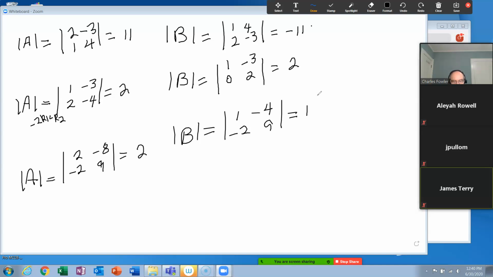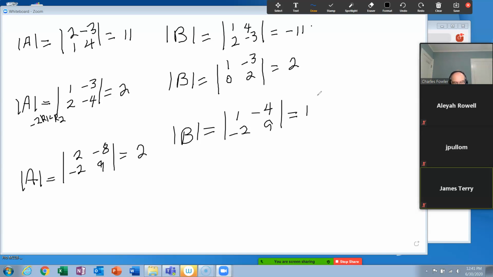Okay? The opposite. Now, when B is obtained from A by adding a multiple of a row of A to another row of A, the determinant does not change. That's why I said that A that we did at the beginning, that big old ugly nasty 4x4, I thought they used that process over and over again.